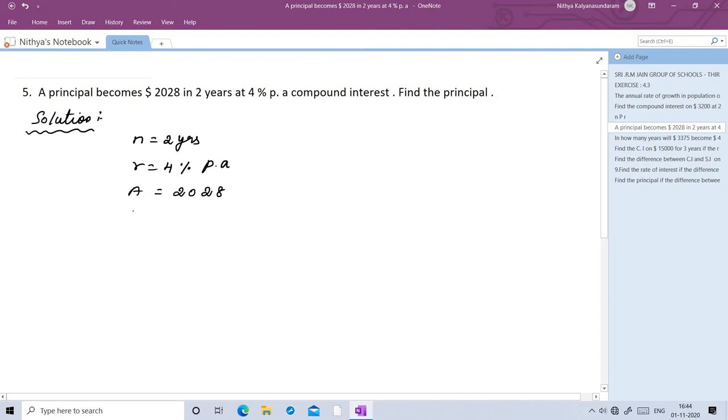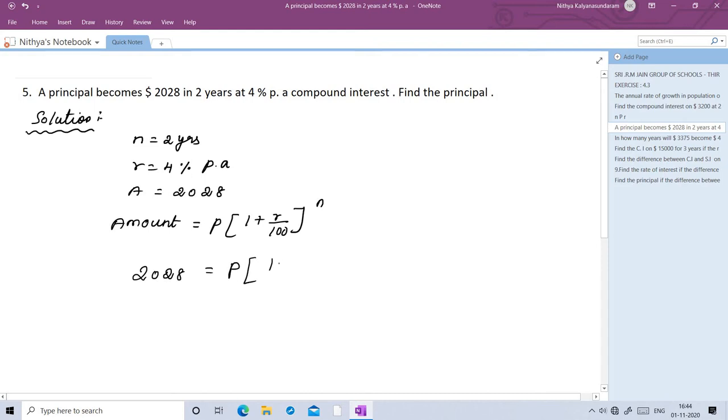So first calculate amount. Amount is equal to P into 1 plus R by 100 whole power n. The amount is given 2028, principal we want to find out.